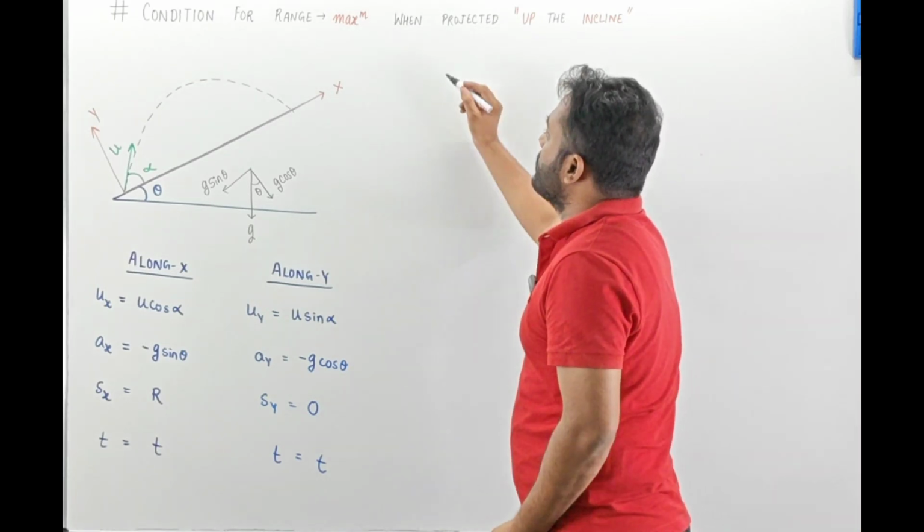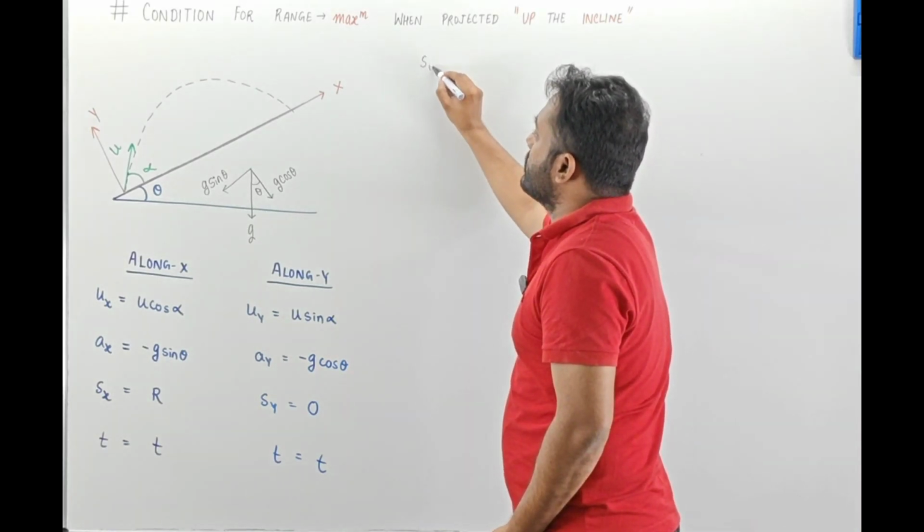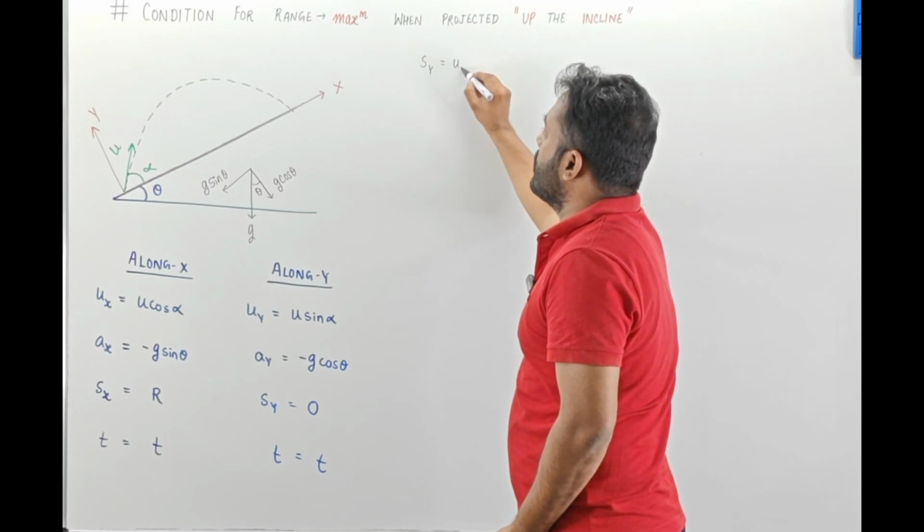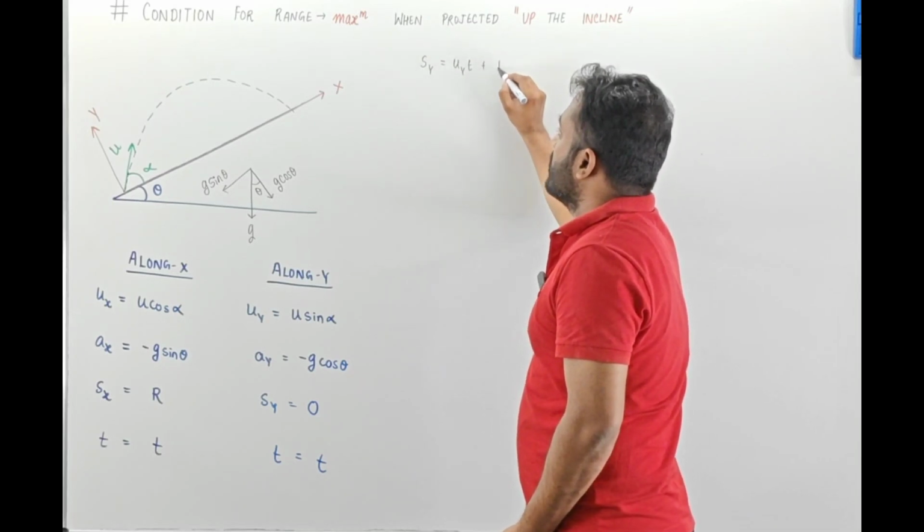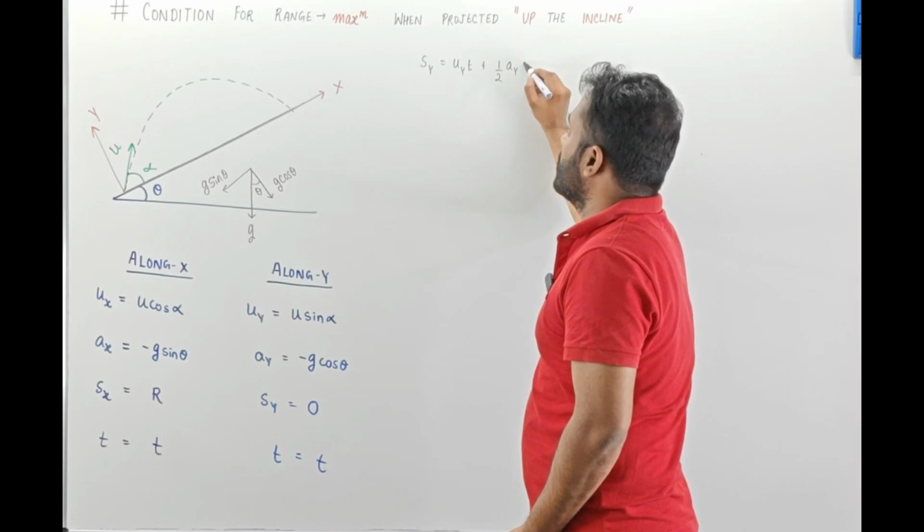So if we solve along y-axis, then we say s equals ut plus half at square.